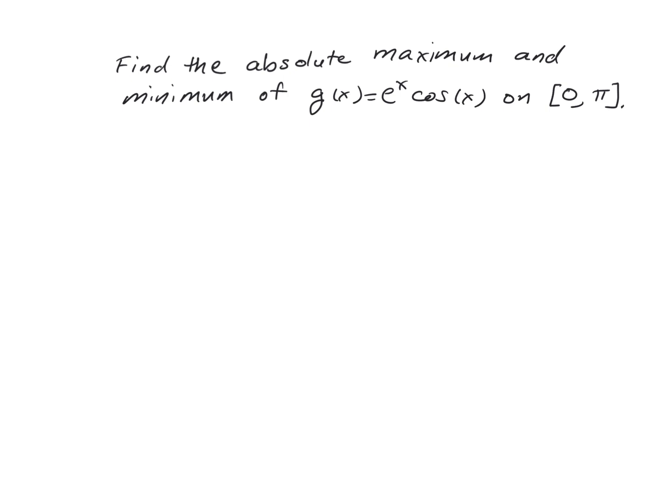So the first thing we're going to do in this problem is go through and evaluate the function at the endpoints of the interval. So we're going to calculate g of 0 and calculate g of pi. So g of 0 is just going to be e to the 0 times the cosine of 0, which we know is just 1, since both those numbers are 1.